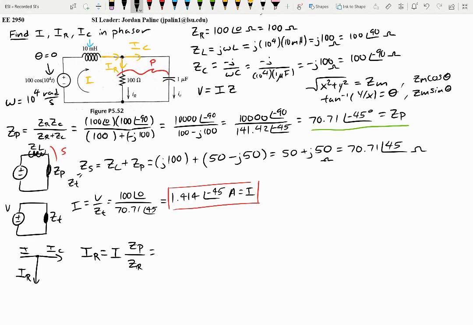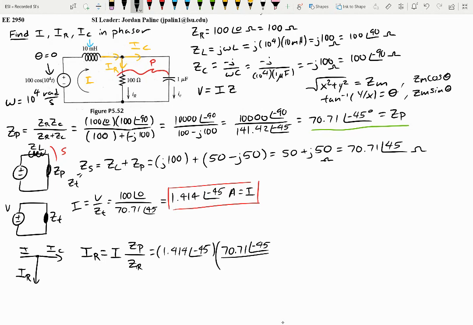Okay, so let's go and sub in our numbers here. Let's put I in first: 1.414, an angle negative 45. Then Z parallel, we said from up here, is going to be 70.71, an angle negative 45.